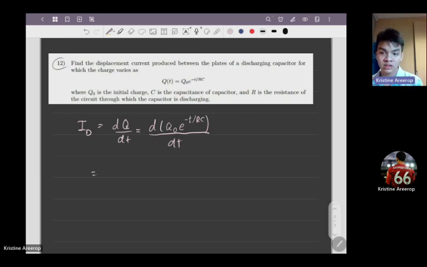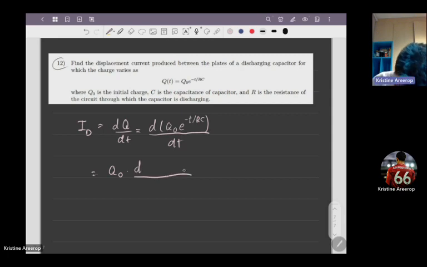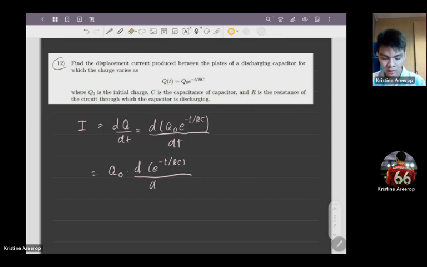Q0 is the initial charge, so it is a constant value, multiplied by the differential of e power negative t by RC. Oh, I am so sorry, it is I in the top, from the discharging capacitor, it is not ID.